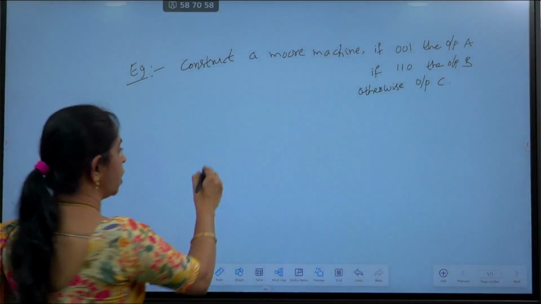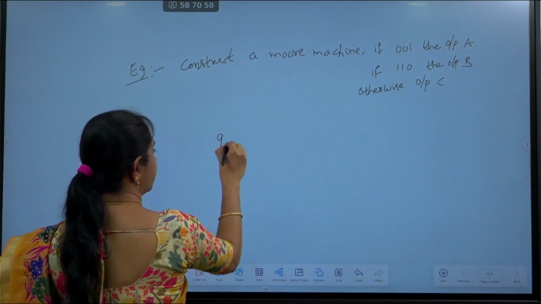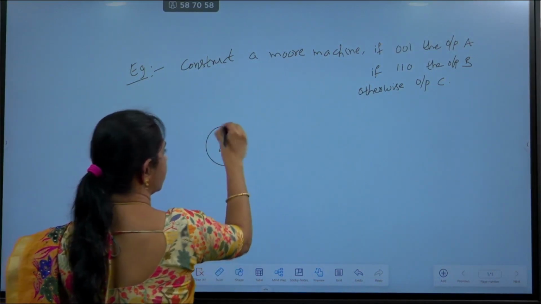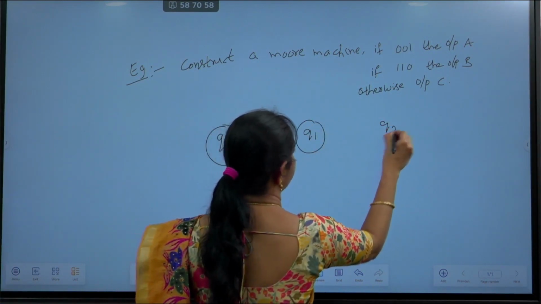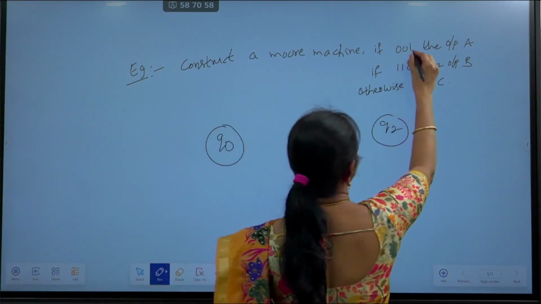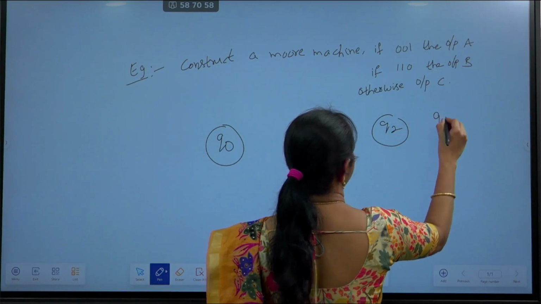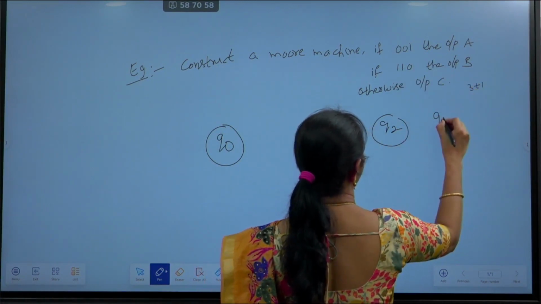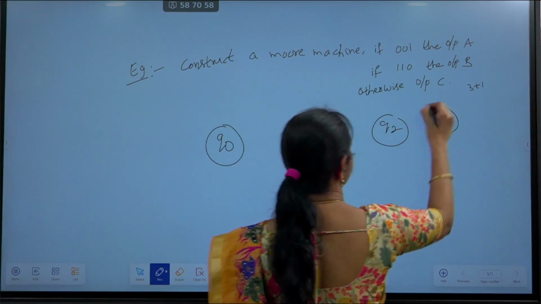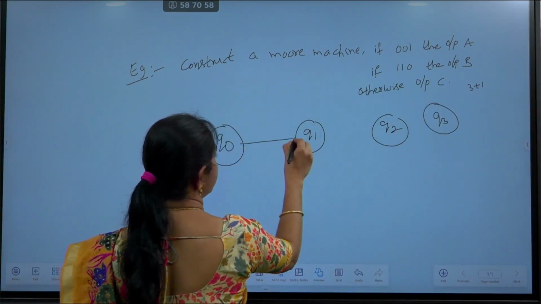Moore machine, we all know that. So we have the states Q0, Q1, Q2. Because we have 001 as the substring, the length of the string is 3 plus 1, so we have to take 4 states. So we will write 001.